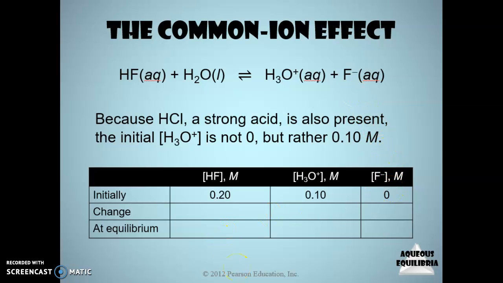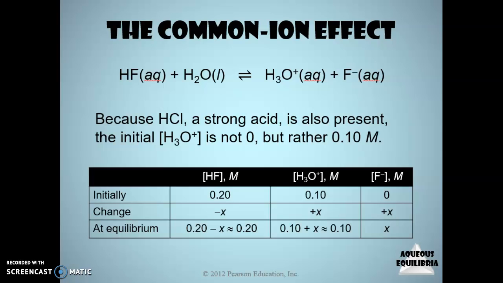Now we just do things as usual. The change: the HF goes down by X, the H3O goes up by X, and the F minus goes up by X. X is really small. I know that because my Ka value is times 10 to the minus 4. It's a really small number. This HF does not ionize much.